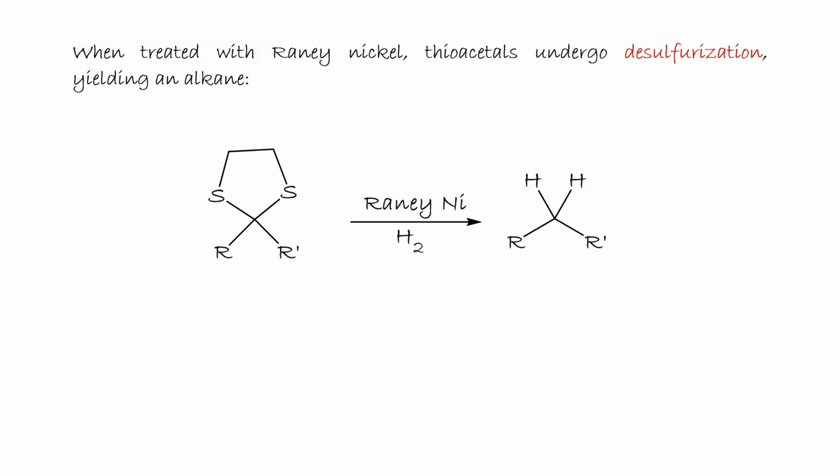When treated with Raney nickel, thioacetal undergoes desulfurization, yielding alkane. So we have here thioacetal, Raney nickel, and hydrogen. We get the CH2, the alkane.